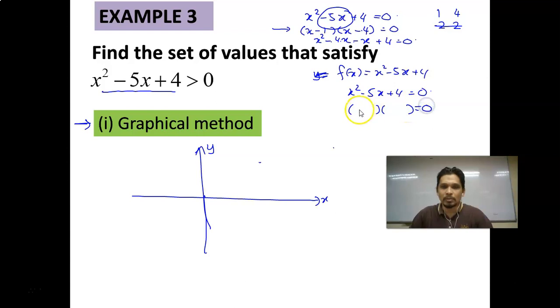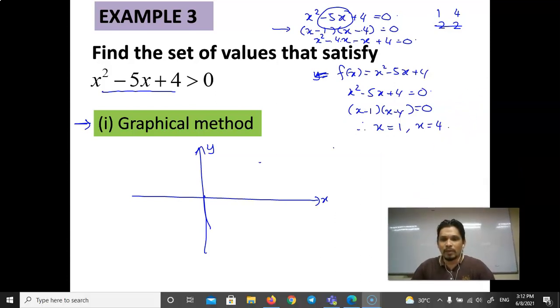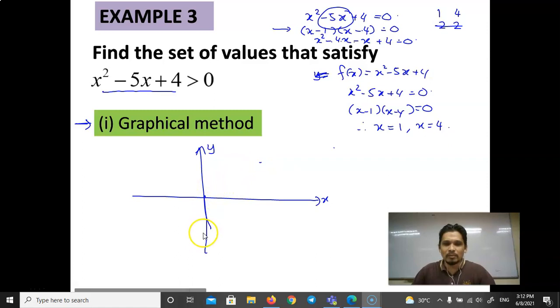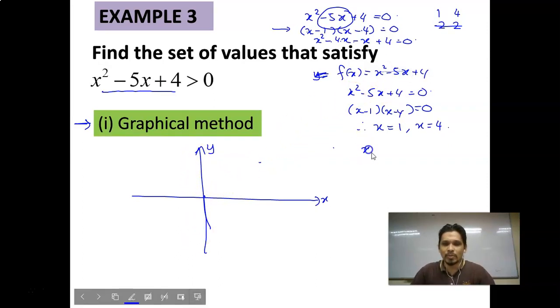From here, we get (x minus 1)(x minus 4). Then the value of x is 1 and x equal to 4. And then, to find the intersection at the y-axis, x equal to 0. So when x equal to 0, f(0) equal to 4.